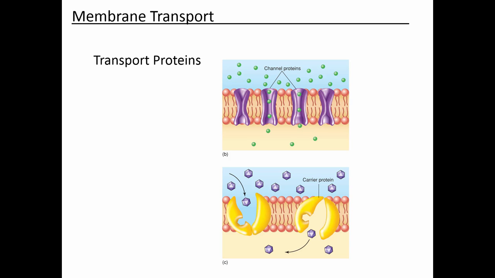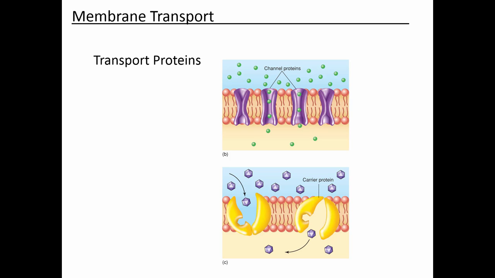Carrier proteins act slightly differently. So with a carrier protein, you're going to have the carrier protein that has one conformation, and by conformation I mean the shape of the protein. And then what happens is the molecule that the carrier transports binds to the carrier, and that causes a change in shape of the carrier protein that allows the substance to be dropped off on the other side of the membrane.